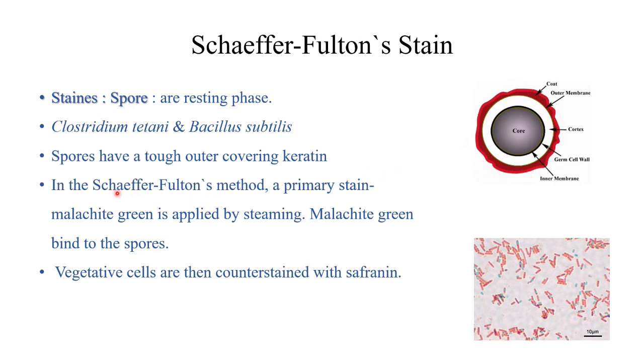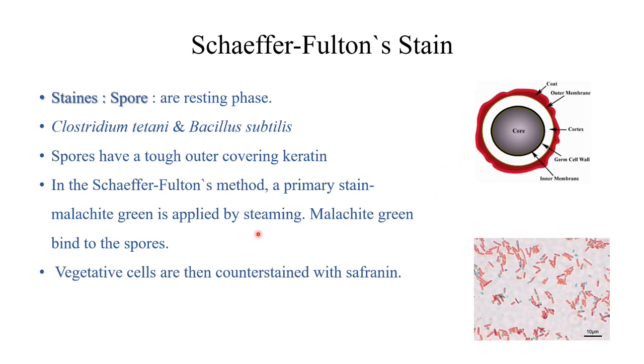And in the Schaeffer-Fulton method, a primary stain, malachite green, is applied by steaming. While steaming, what will happen? The outermost layer, that is the keratin layer, will become thin. The stain will penetrate into the cortex, and this cortex consists of a peptidoglycan layer. So this malachite green will bind to the cortex, or the peptidoglycan layer, which is present in the cortex.